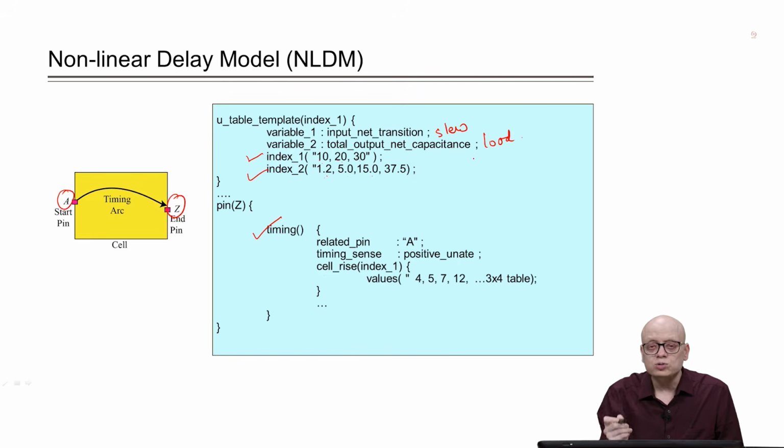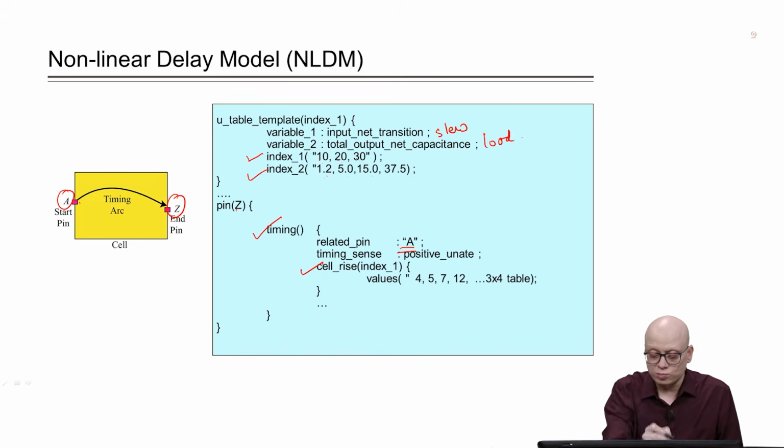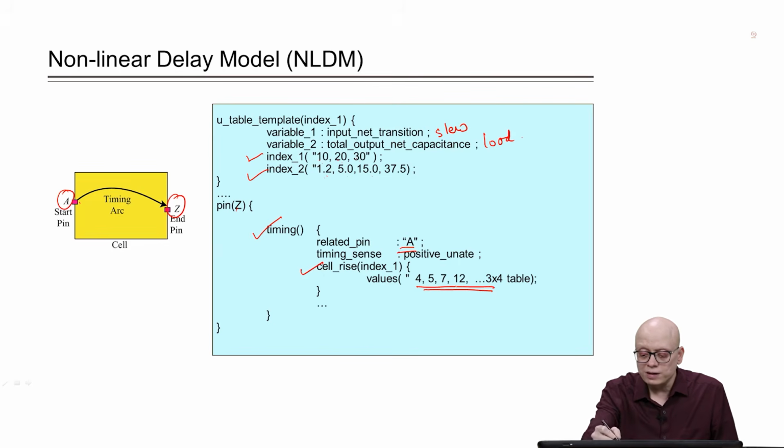Now, corresponding to this slew and load, there is a rise delay on the timing arc between A and Z, because the related pin is A. There is a cell rise attribute which says that it is a rise delay at the output, and we have a table which specifies that for different combinations of slew and load, we have different values.